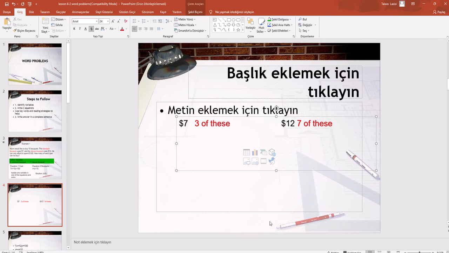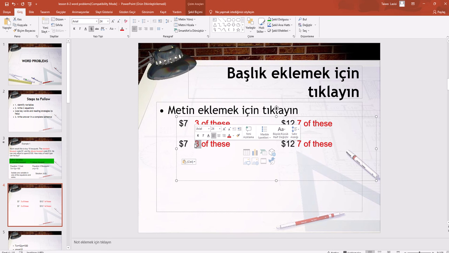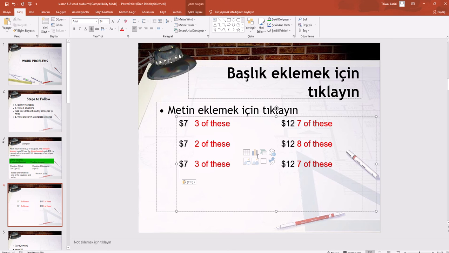I'm not calculating that. I am just trying to explain the number 10, why 10. I'm trying to go step by step, as simply as I can explain. Now if I buy 2 of these, I have to buy 8 of the more expensive ones, because in total I want 10 of them. If I buy 1 of these, I have to buy 9 of the other ones.